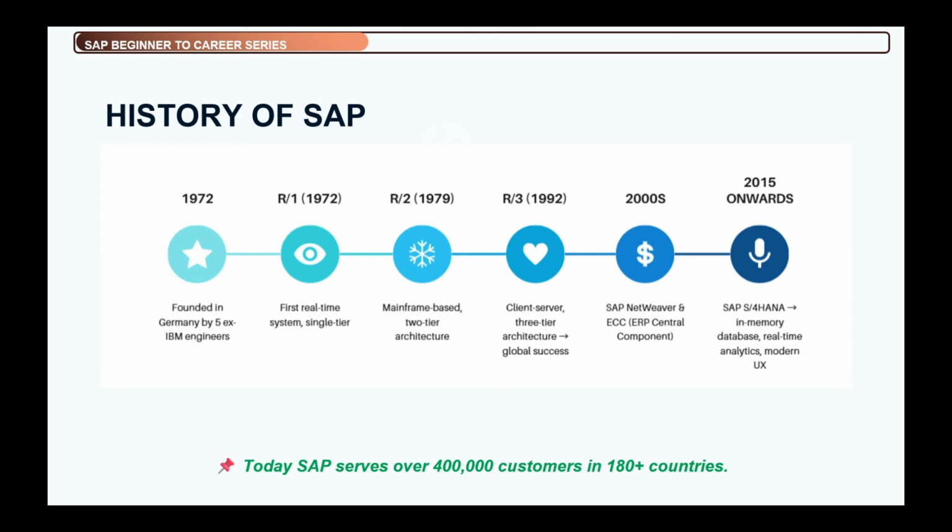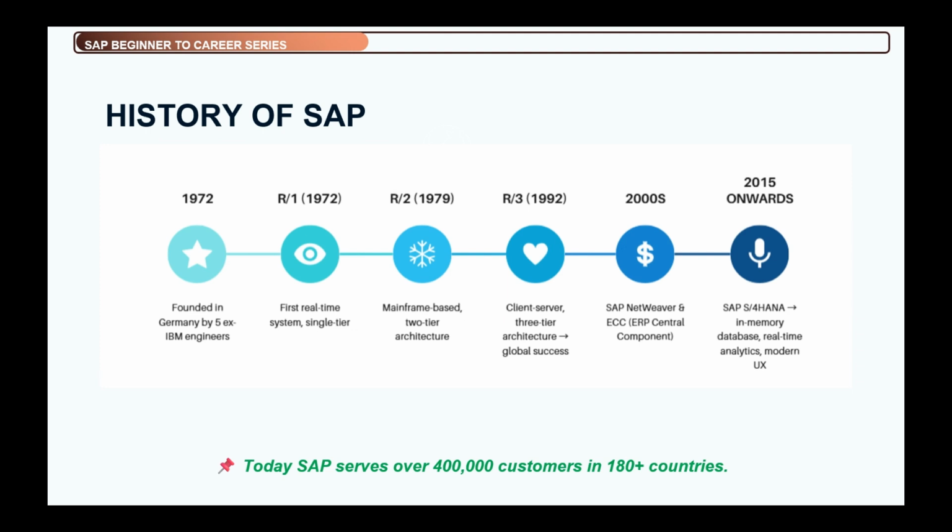After 2015, the game changer, they invented SAP S4HANA in-memory database. We have an upcoming separate session on this S4HANA database as well. The main functionalities, the main benefits provided by SAP changed after 2015.